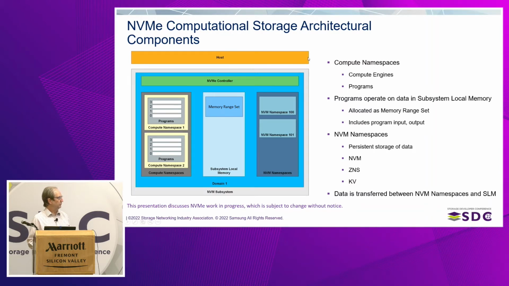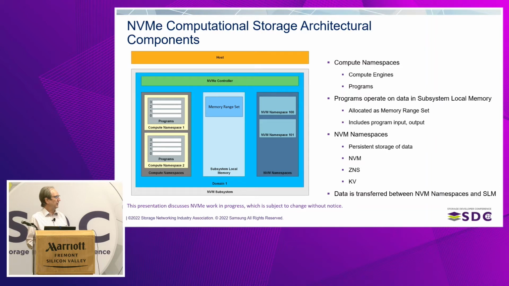So the compute namespaces are associated with the computational programs command set. Within the compute namespace, you have compute engines, and you also have compute programs. And the compute engines and compute programs are associated with one and only one namespace.